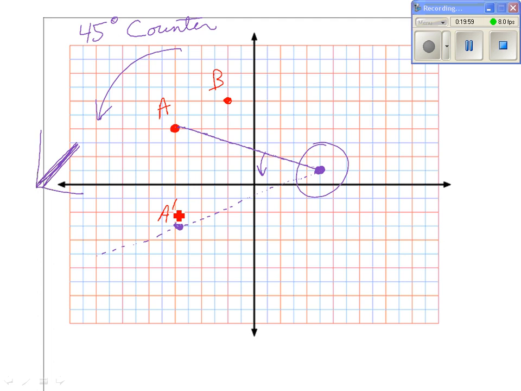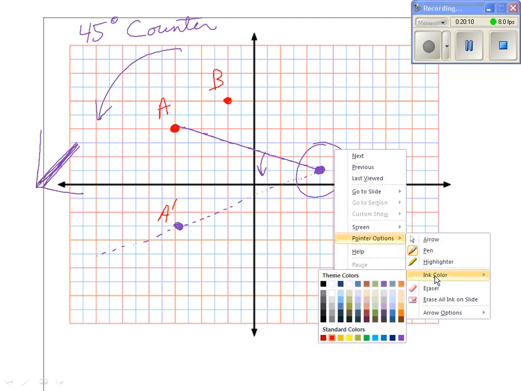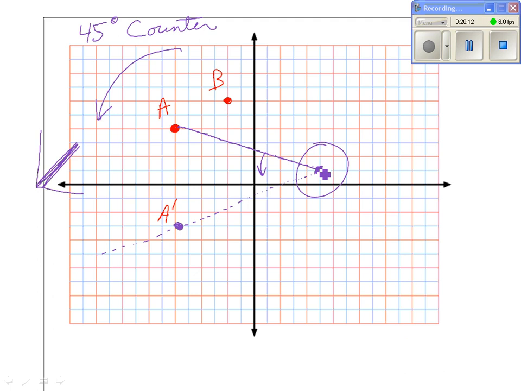If we want to rotate it 45 degrees counterclockwise, we do the exact same thing. We connect point B to that. We're going to rotate it this direction, 45 degrees.